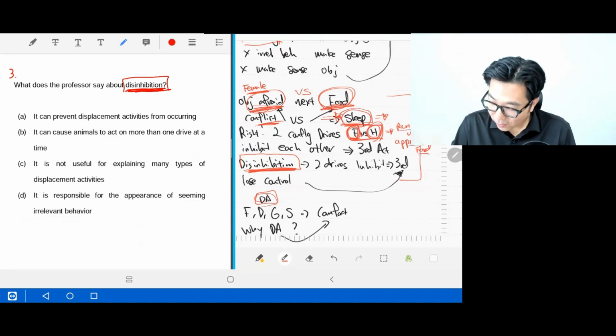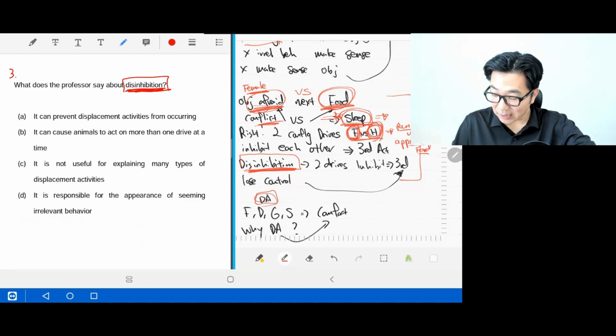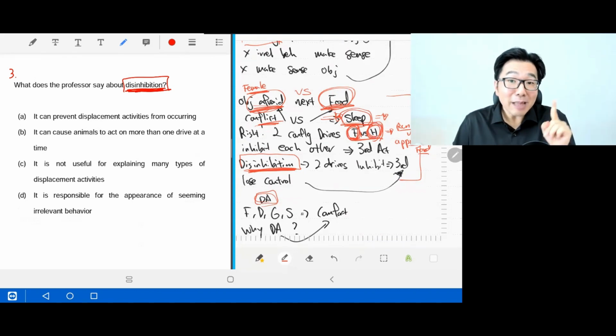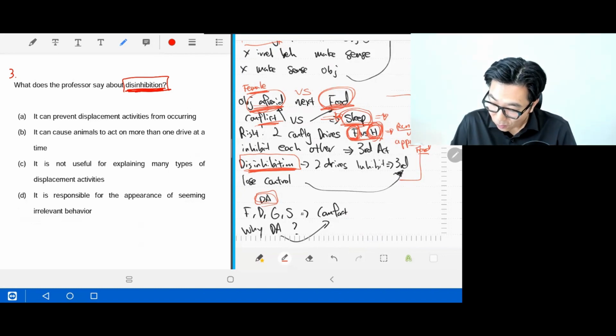Okay. So because he's hungry, this prevents the animal from running away from the food. So you cannot run away from the food because he's hungry. But at the same time, because he's so scared of the object next to the food, he also cannot go near the food.